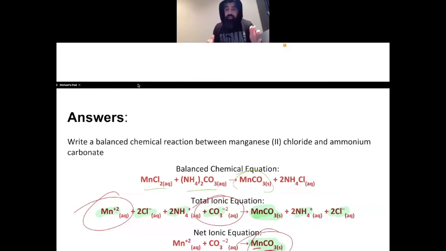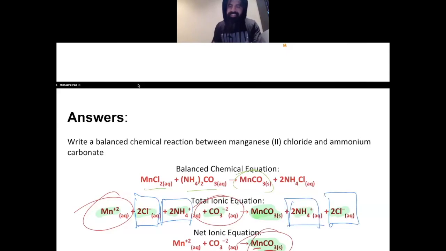The two ions that don't get involved at all in this reaction, notice the chloride ion and the ammonium ion. They stay as ions. They don't get involved in forming this precipitate. So they are considered the spectator ions.